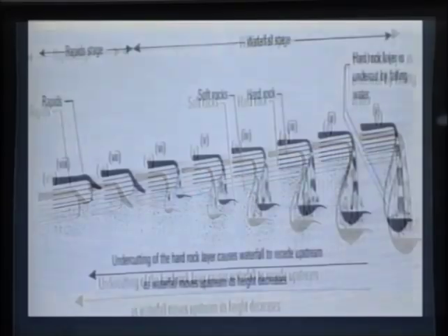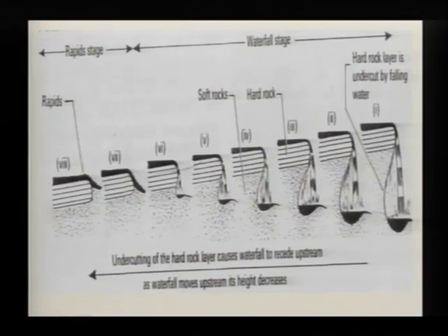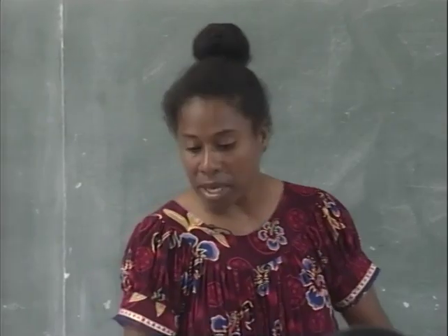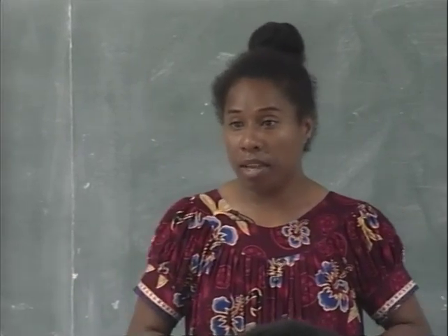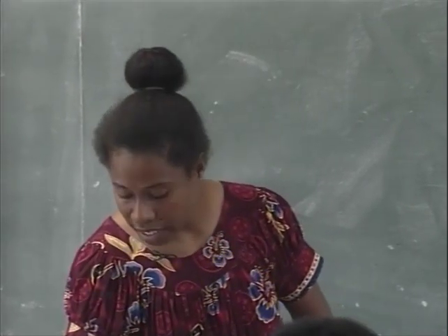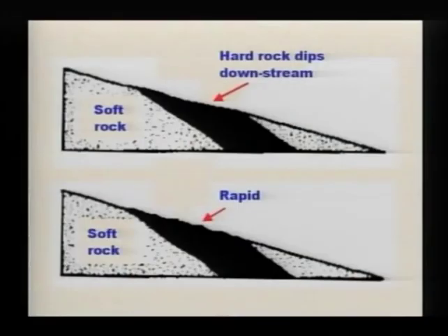You check. The second way in which rapids are formed is where you have a hard rock dipping downstream. If you were to construct the diagram, it should at least look like this. You can have only one diagram, and that one diagram should be well labeled to show us how a rapid is developed because of the hardness of the rock.